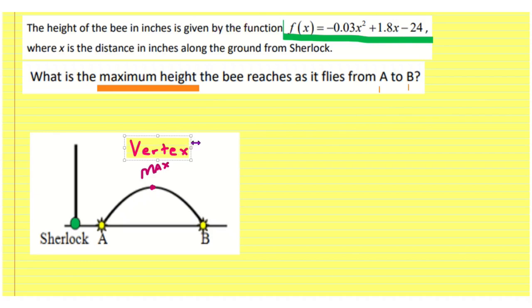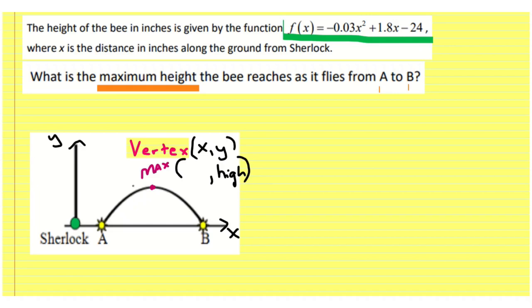So the vertex includes coordinates, because this is going to be our x-axis and this is going to be our y-axis. We will have an x-coordinate and a y-coordinate. The y value is going to represent how high our bee is flying, which is the same thing as the height.